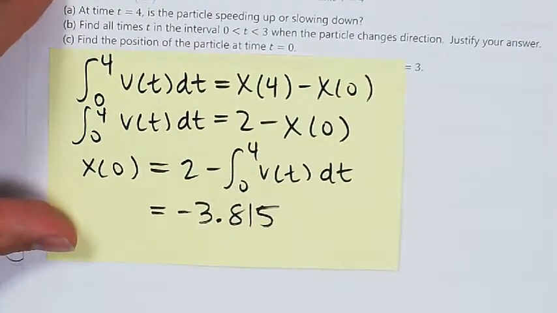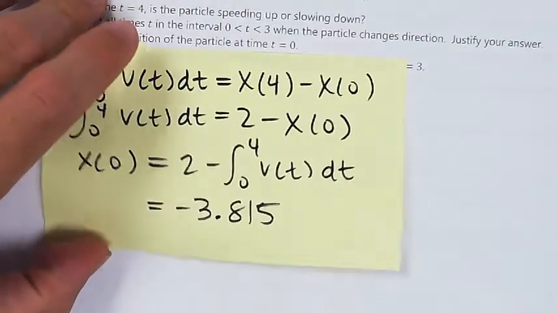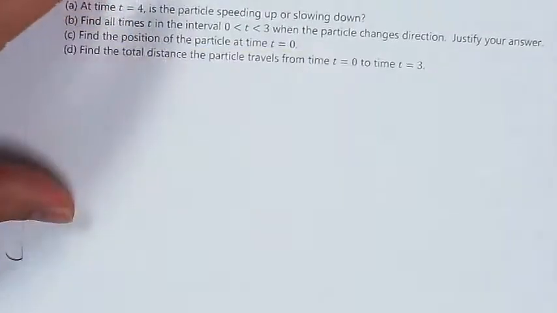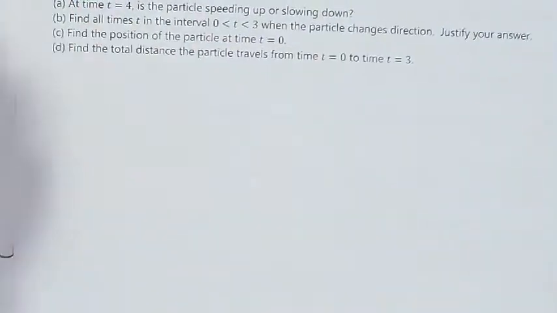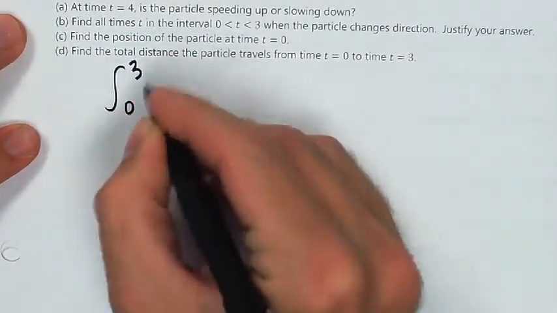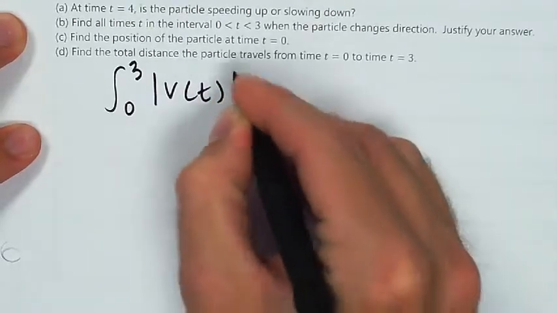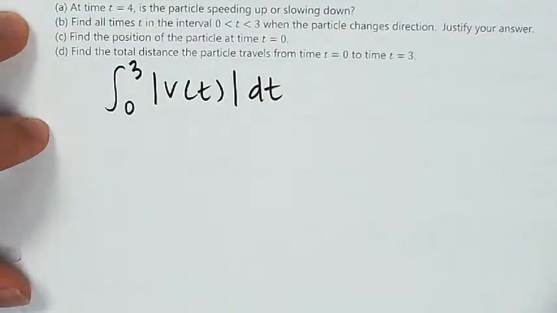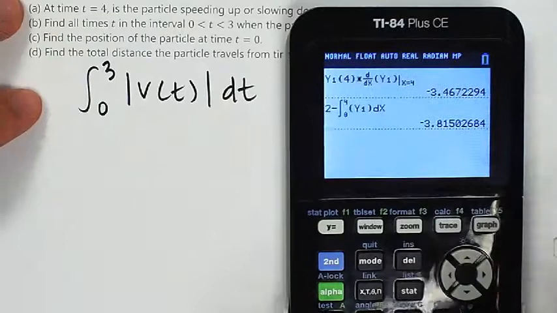Okay, so we can find a position that way. And then part D, the total distance traveled by the particle from t equals 0 to t equals 3 is going to be the integral from 0 to 3 of the absolute value of v of t dt. That was kind of the new thing that we learned today, how to find a total distance.